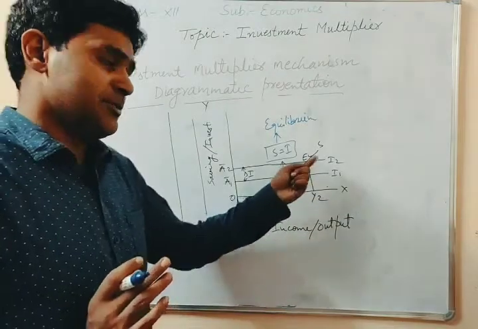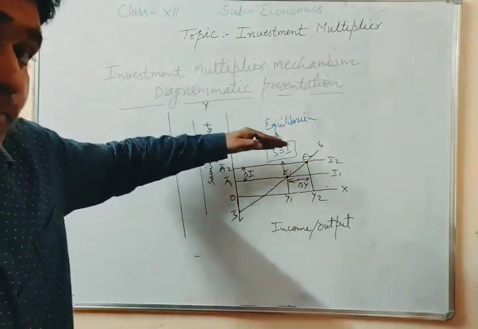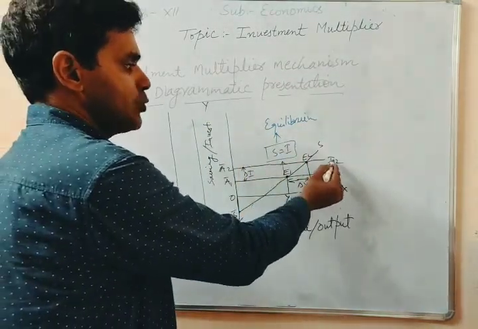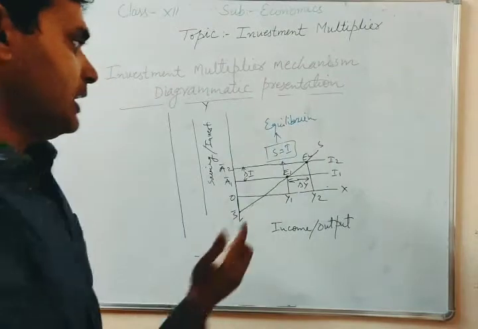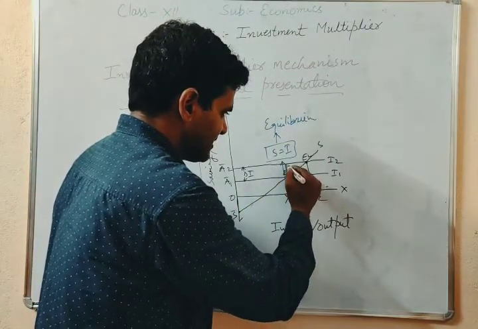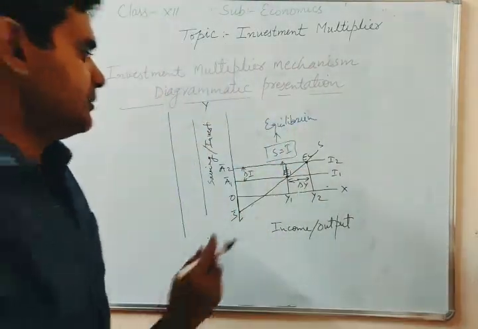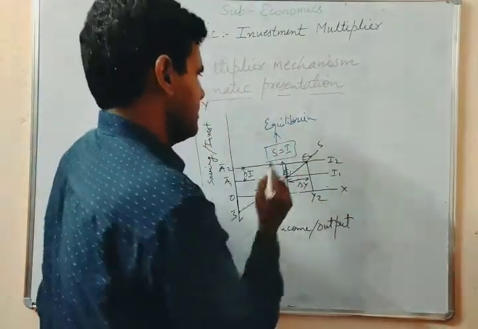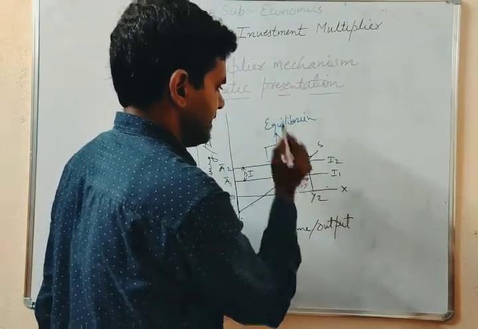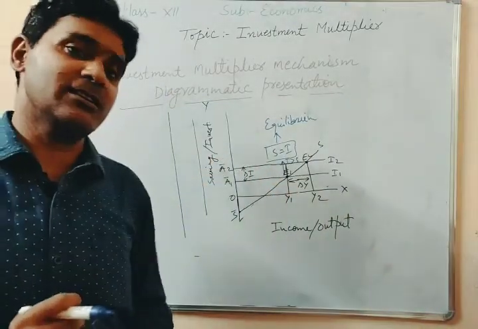Now if the investment changes, the investment curve shifts upward parallelly, it becomes I2 from I1, and then what will happen? This excess amount is the change in investment, meaning at this level I is greater than S. Now what will happen when saving is less than investment?